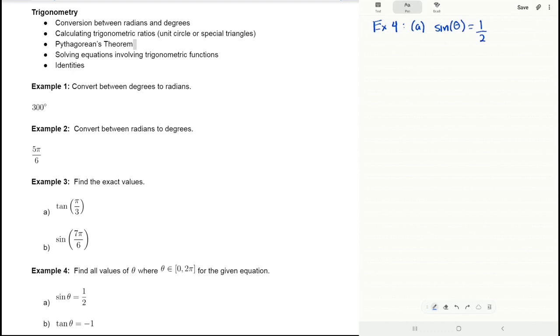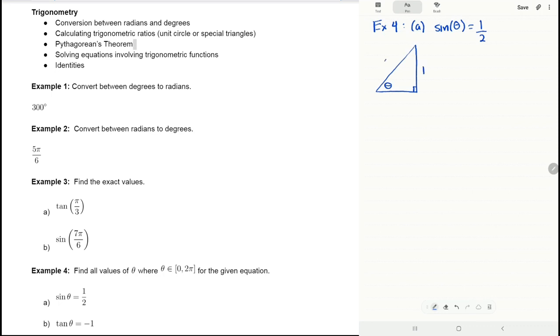The first thing that we'll need is to determine the reference angle. So we want to draw out the special triangle. So let's suppose that this angle is theta. This is the angle that we're looking for. Now we want the sine of theta to be 1/2. So the opposite side is going to be 1.